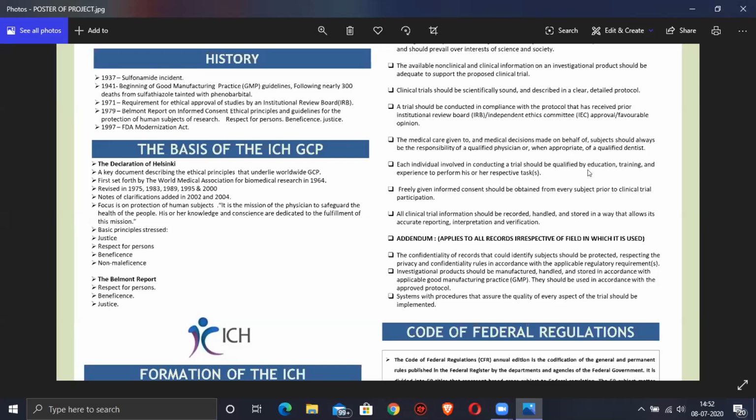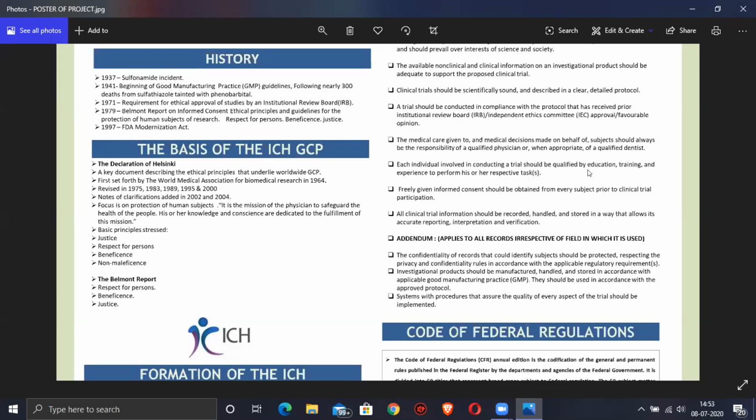To control contamination-type deaths and illnesses, and to bring a cleaner standard into the manufacturing area, GMP was established, and companies from then on have to follow the GMP guidelines for manufacturing drugs.